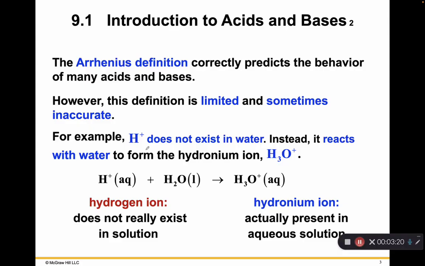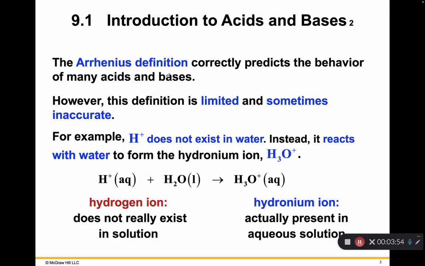When we use instruments to check the chemical form of the species, that H plus actually reacts with a water molecule and forms the hydronium ion. When H plus attaches to H2O, it becomes H3O plus. So literally it is the hydronium ion that is present in the aqueous solution, not H plus by itself.